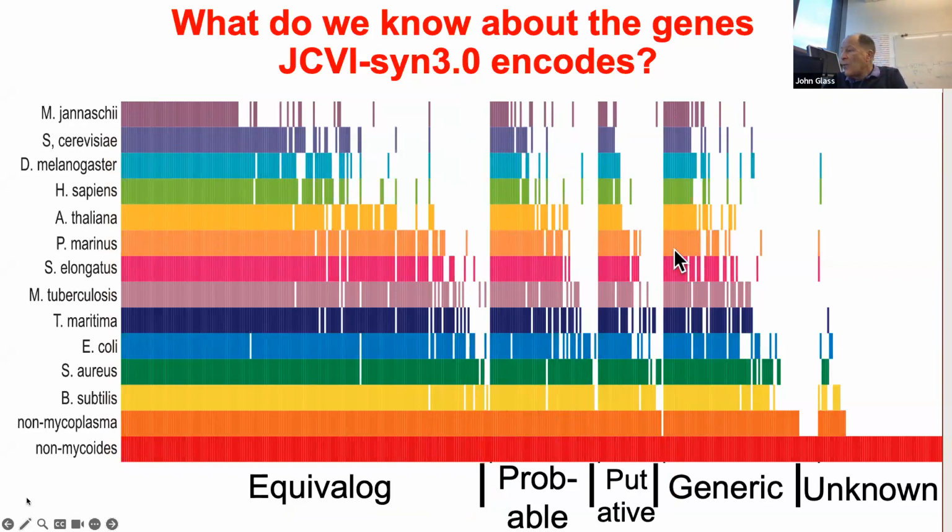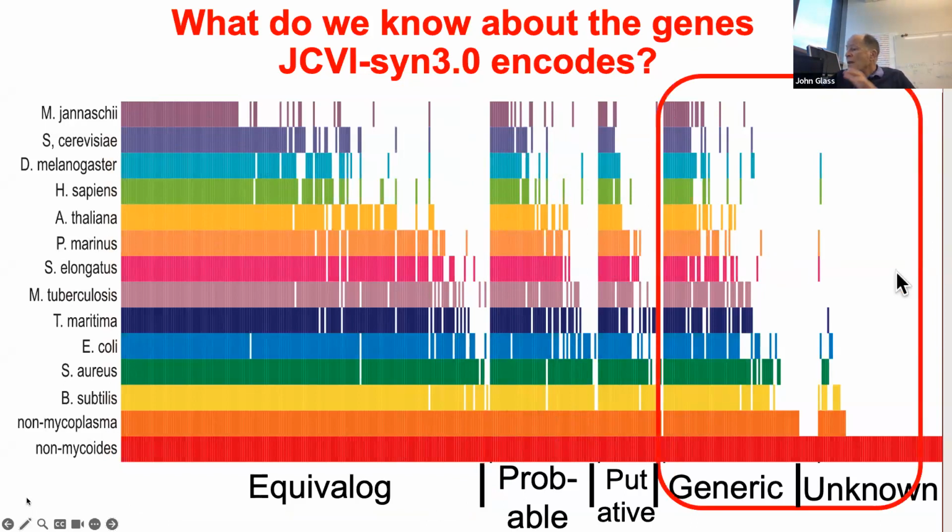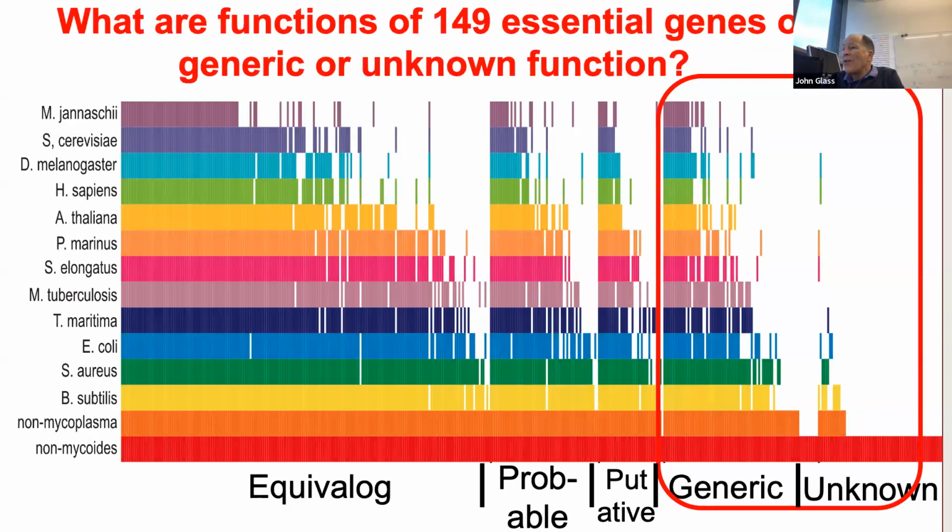And then finally, we did it for genes where we have either a vague idea what they do, like they might be a transporter or a membrane protein, or no idea what they do. And what we found is that there were a huge number of genes that we don't know what they do. This is what we've spent a lot of time working on: figuring out the functions of these protein coding genes, this third of the whole genome.